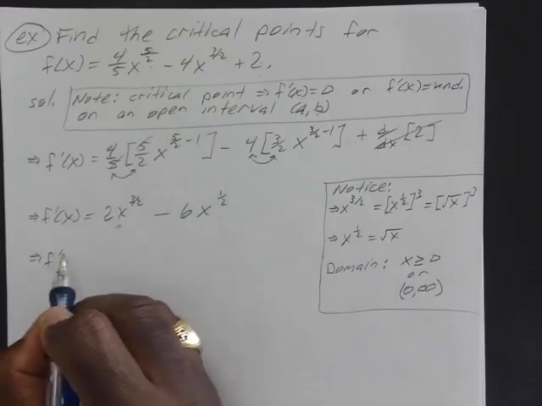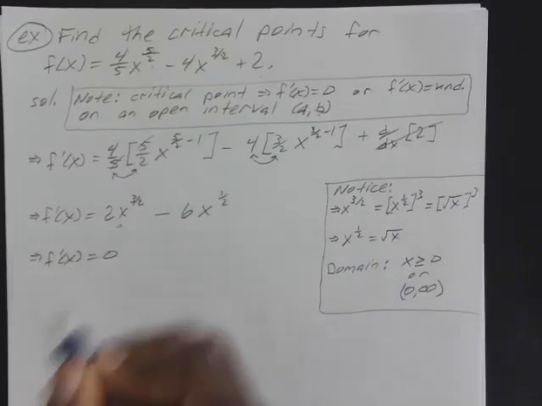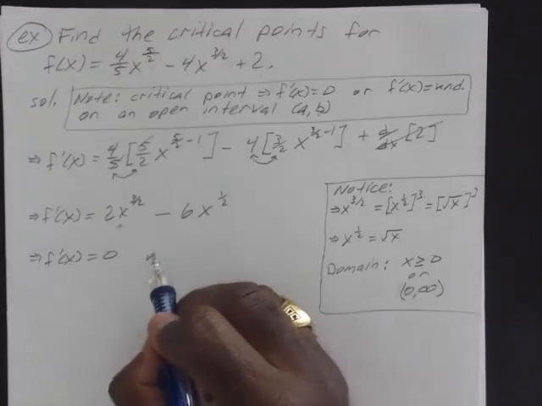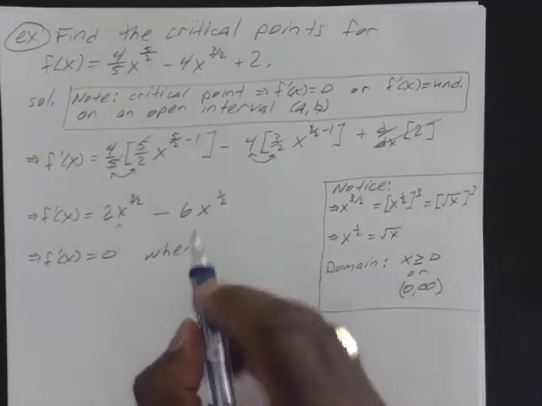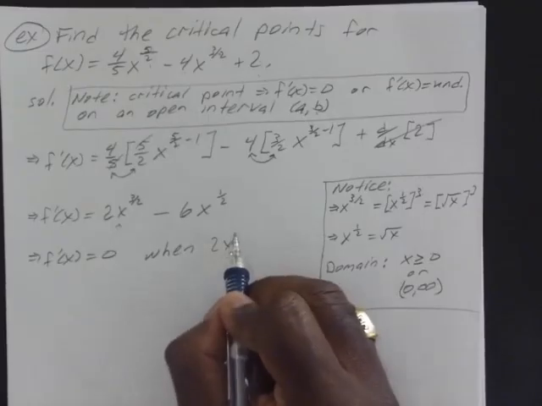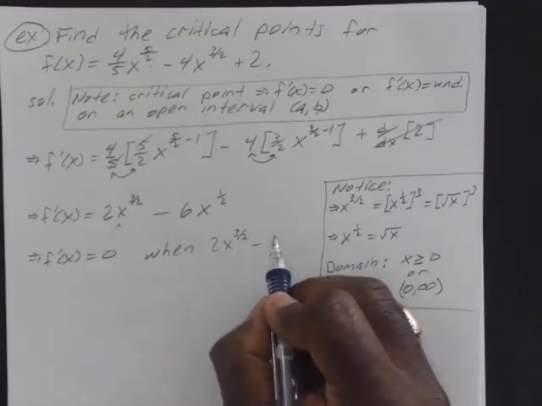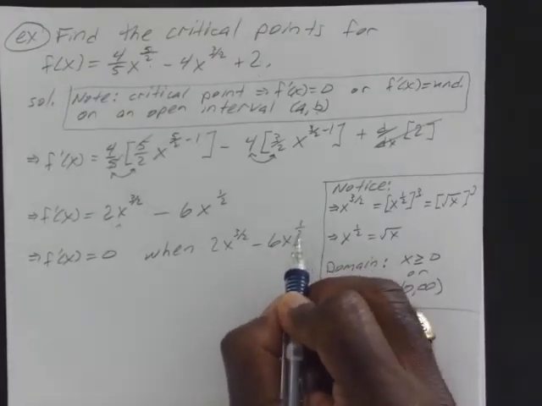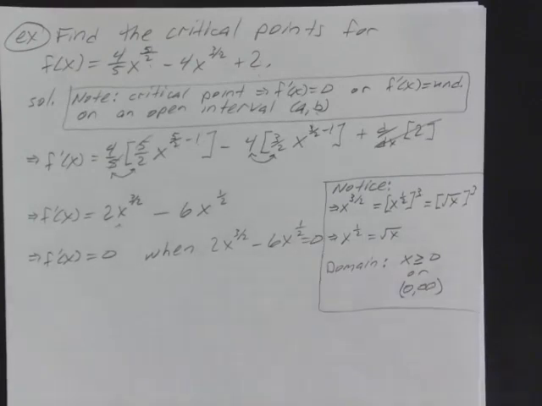Okay, so we know f prime of x equals 0 when 2 times x to the 3/2 power minus 6x to the 1/2 power equals 0.